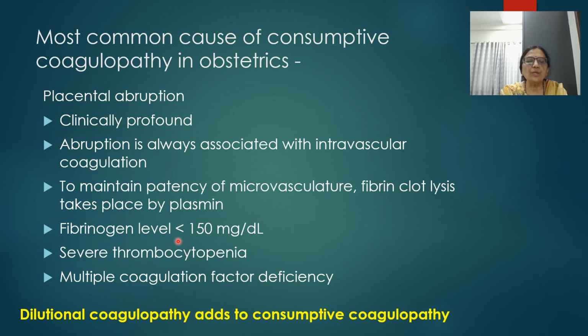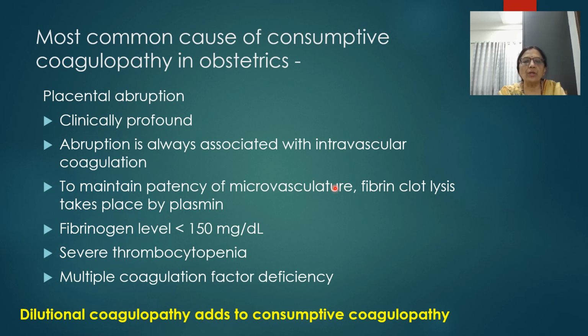Fibrinogen level falls to less than 150 milligram per dl because of the formation of these multiple small fibrin clots in the microvasculature all over the body. It is associated with severe thrombocytopenia because clots also have platelets as a component, and multiple coagulation factor deficiency also sets in. This is how there is an occurrence of consumptive coagulopathy.